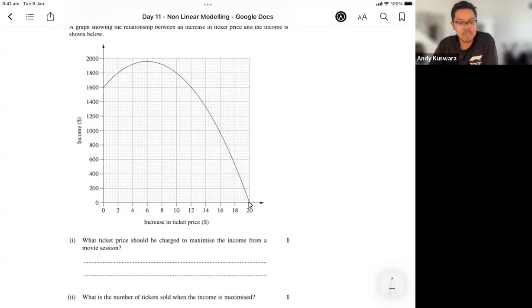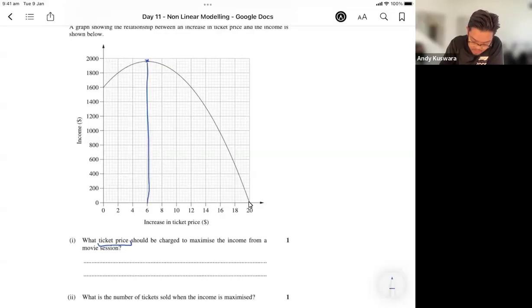Question one: what ticket price should be charged to maximize the income from a movie session? You can see the maximum is right here. If we're talking about what ticket price, you've got to be careful. It means I need to increase by $6, but I'm not going to charge a $6 ticket.